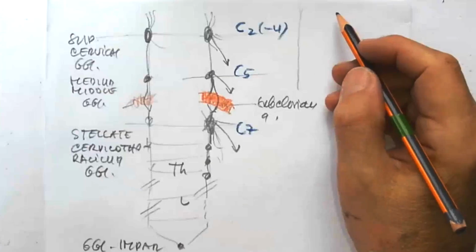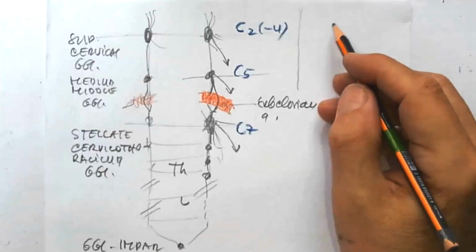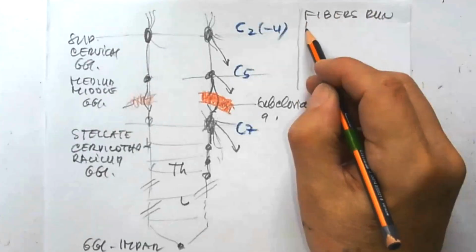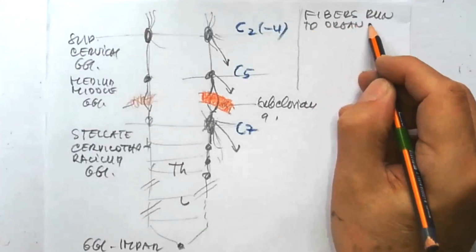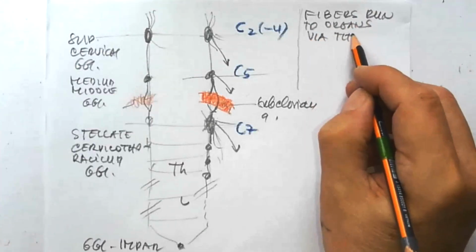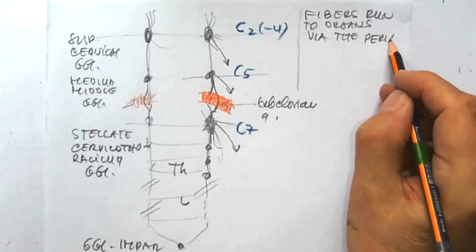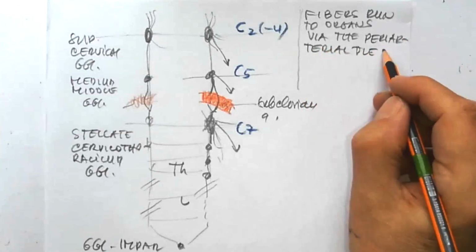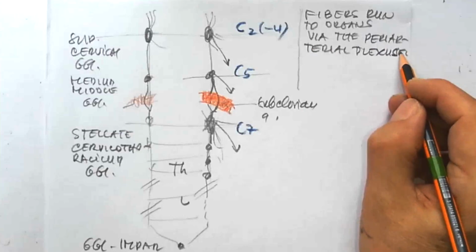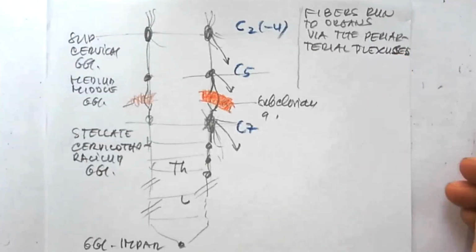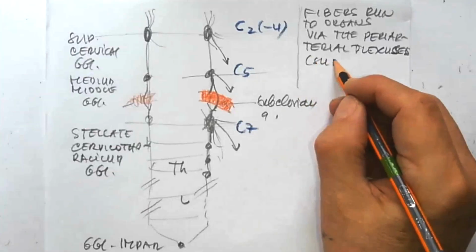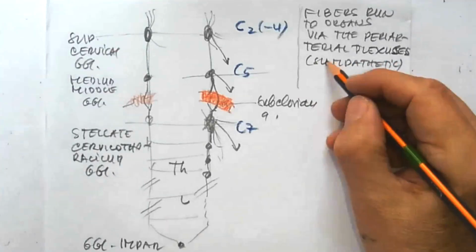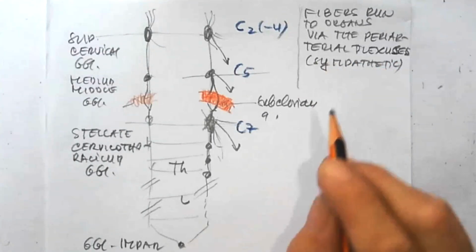And we could say that the fibers which run to organs run via the periarterial plexuses. They are only sympathetic, because parasympathetic run separately. That's very important.